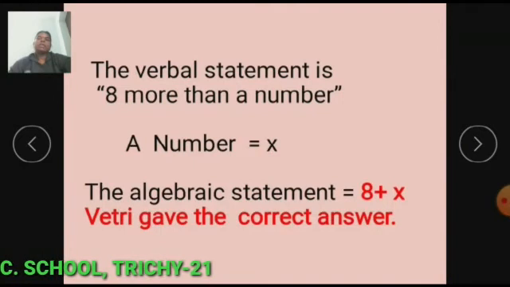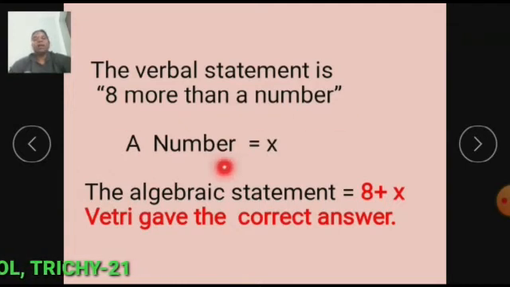The verbal statement given in the problem is 8 more than a number. Here a number equals x. The algebraic statement of the given verbal statement is 8 plus x. Vetri wrote 8 plus x. So, Vetri gave the correct answer.